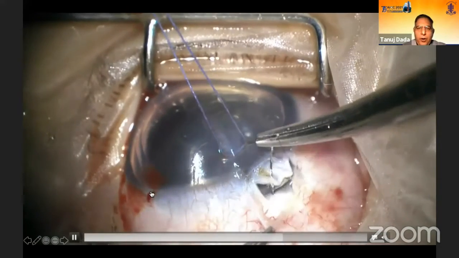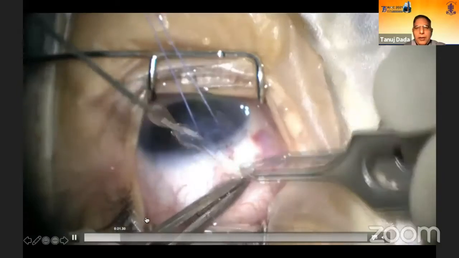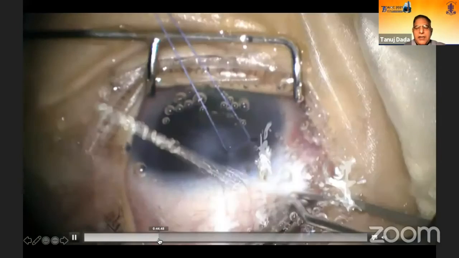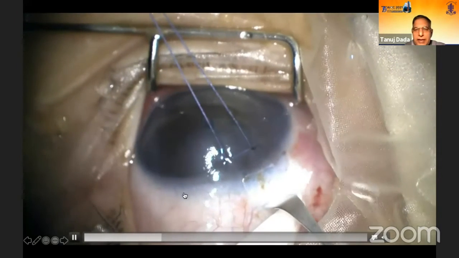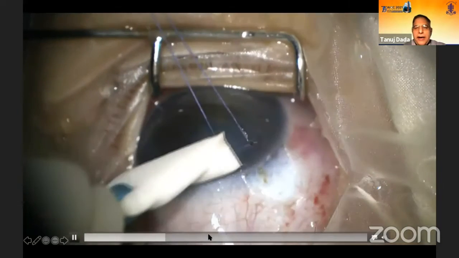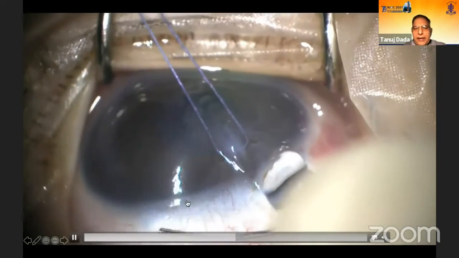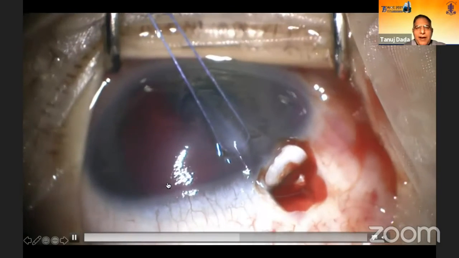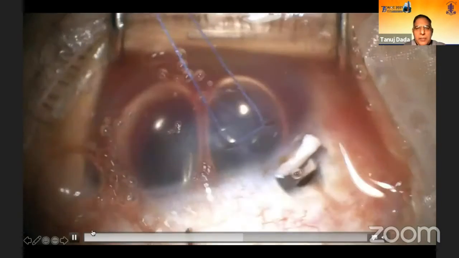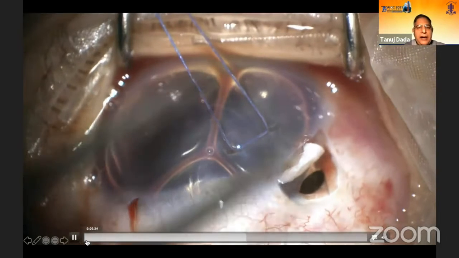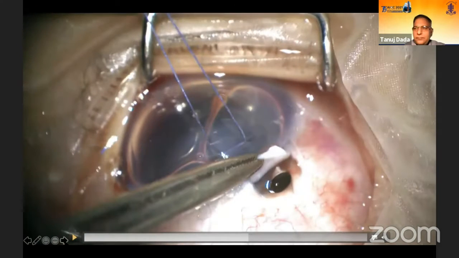So the important take-home message is that when you're doing a trabeculotomy, it is very essential that you lay slightly anterior towards the corneal side, because if you try and dip the trabeculotome, it can injure the ciliary body and you can get a massive hyphema and you require immediate evacuation with air and your BSS.